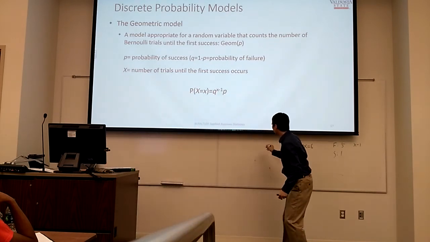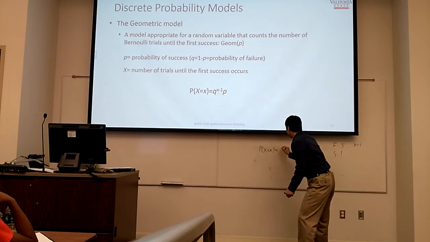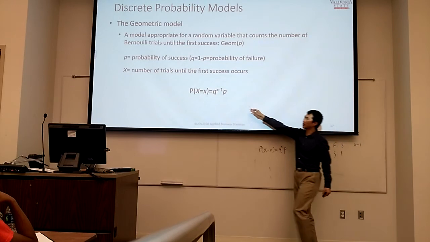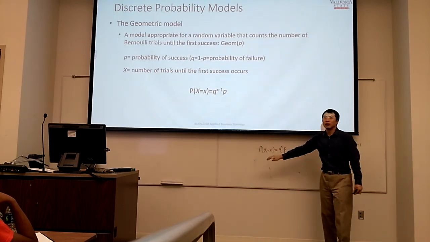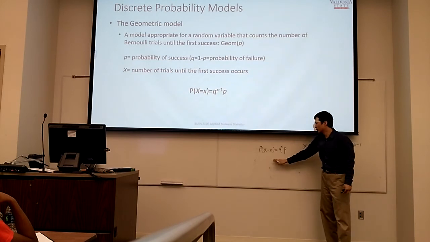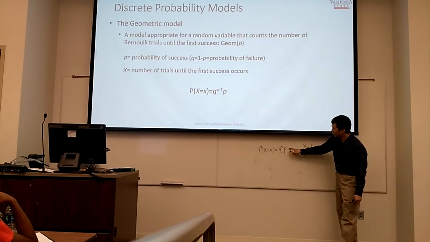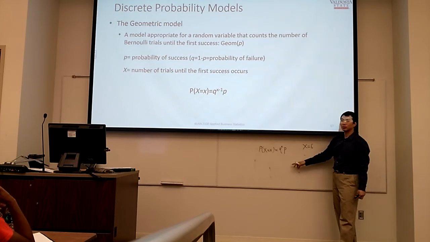So here we define X as the number of trials, right? And in some other models, we can define X as the number of failures. So that's why we can have another type of model, which is this one.